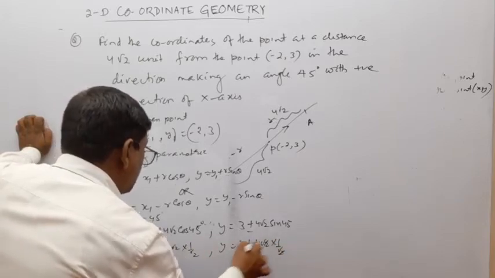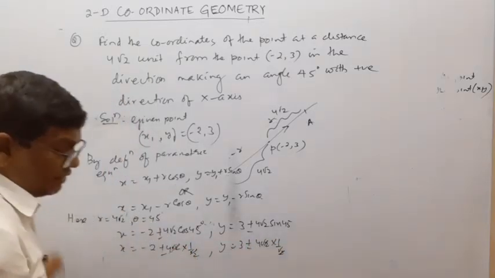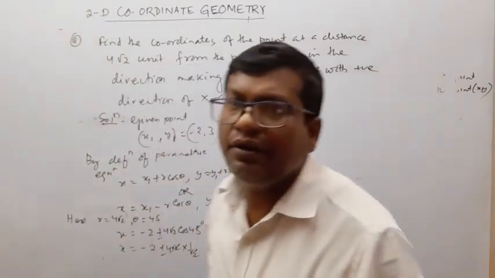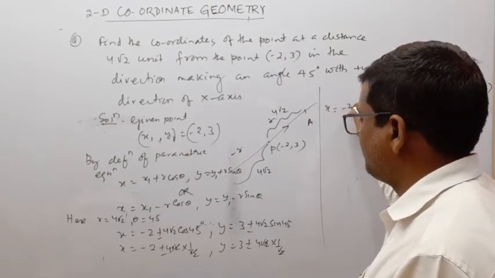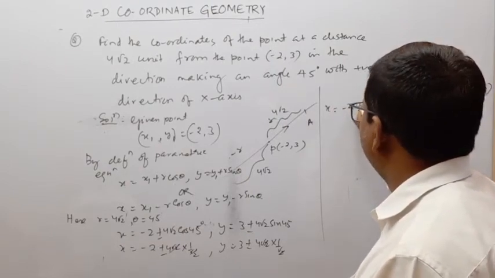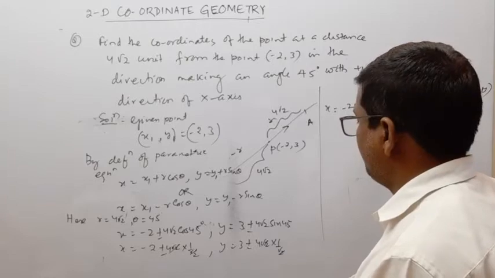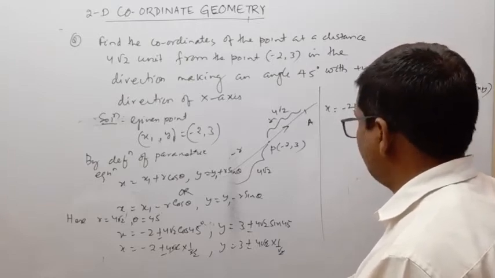So root 2 cancels. Now x is equal to minus 2 plus or minus 4, y is equal to 3 plus or minus 4.